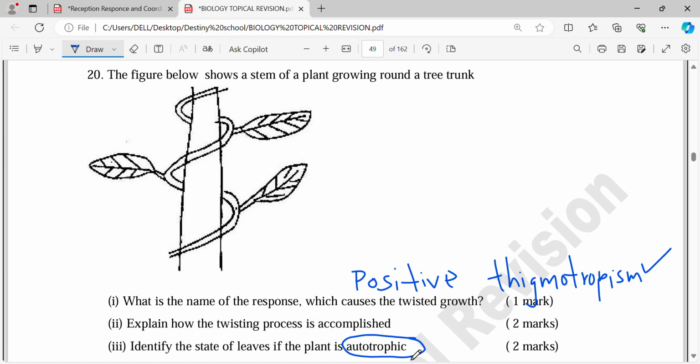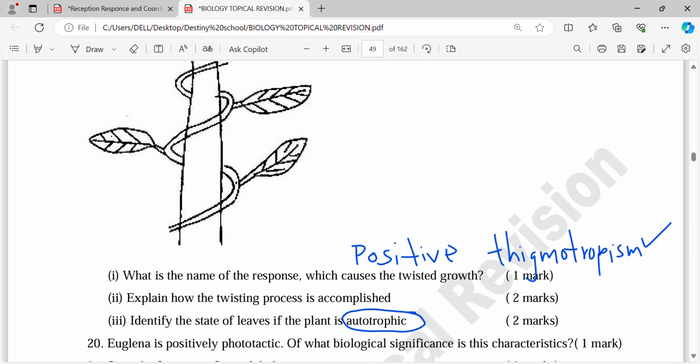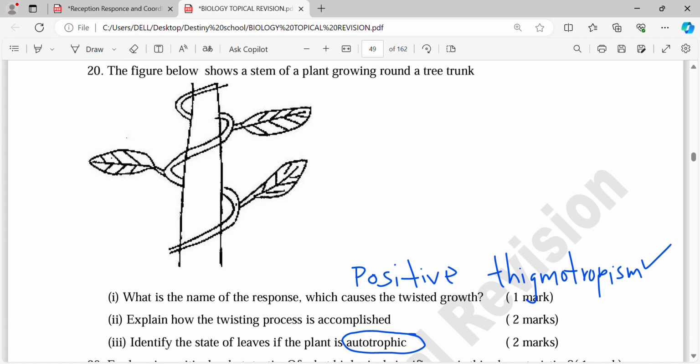So identify the state of leaf if the plant is autotrophic. The plants that manufacture their own food through a process called photosynthesis are green in color. They should have the chlorophyll, the green coloring matter. So they are green in color and have chlorophyll. That should be the answer.